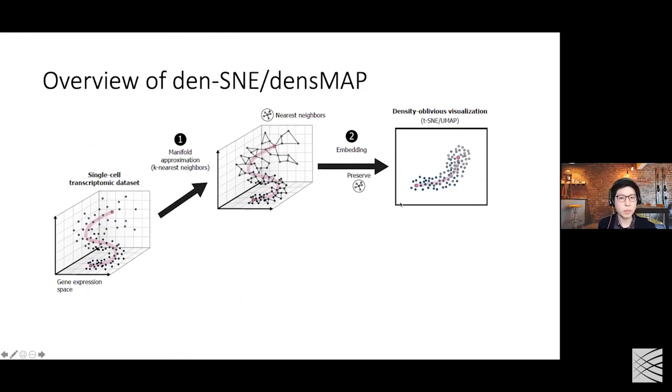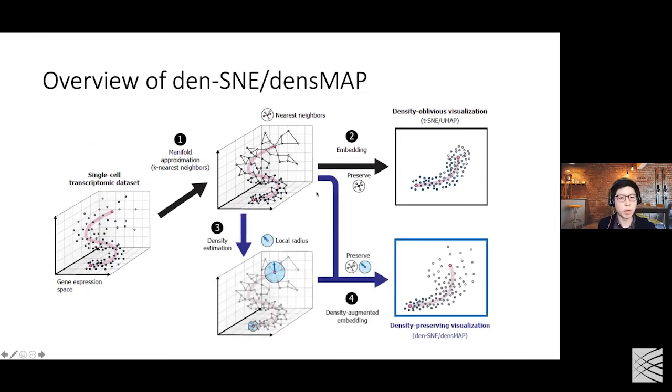For each of these methods, we leverage the local distances that were already computed by the underlying method to additionally calculate local radius for each of the points in the data set. Then we can jointly optimize the original objective with an additional term that measures the correlation in local radius between the original space and the embedding. This produces a visualization that conveys the same local structures captured by the original methods, but additionally with extra information about density.